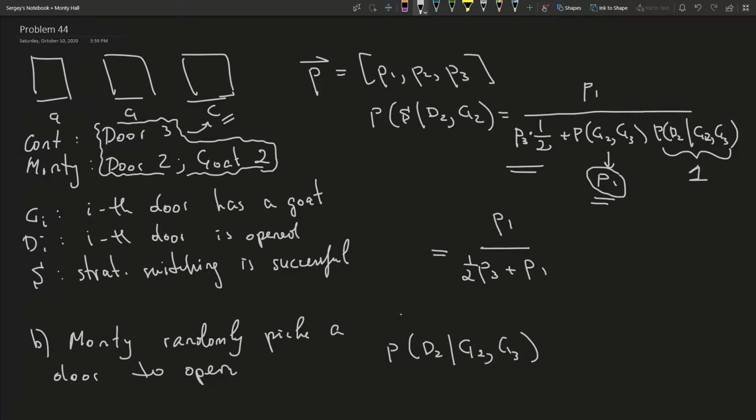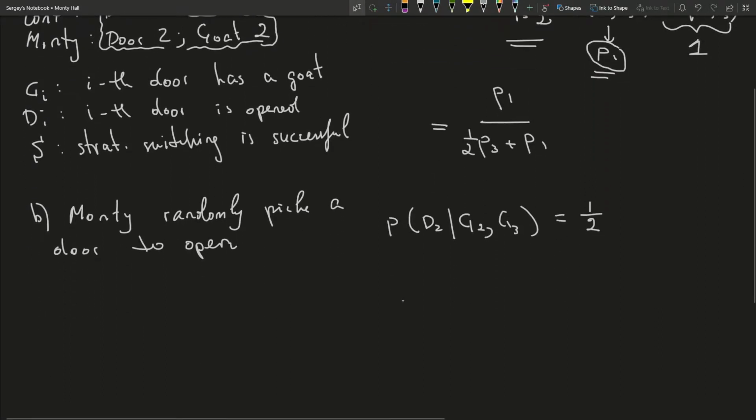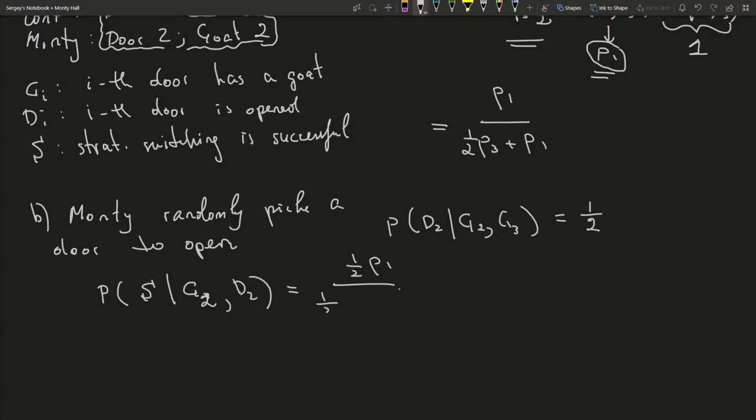But now this is no longer the case. Monty just randomly picks between the first and the second door, so the probability that Monty will open door 2 is now 1/2. So the only difference is that we have to change the result we got in the first part by updating the numerator to 1/2 p1, and in the denominator we also update the p1 to 1/2 p1.